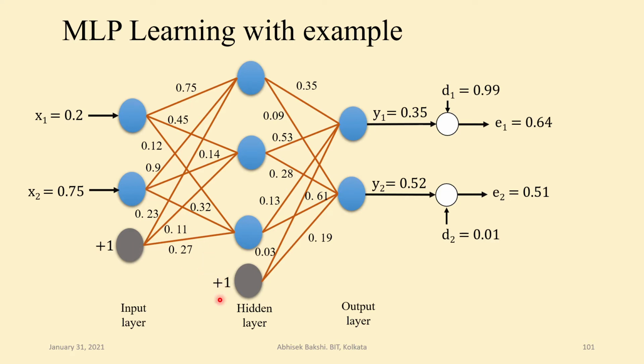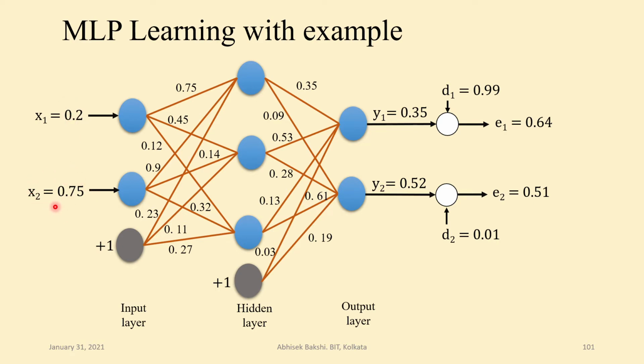Okay, assume that there is a set of points, and one of the points is represented by two features. The first feature value is 0.2 and the second feature value is 0.75.